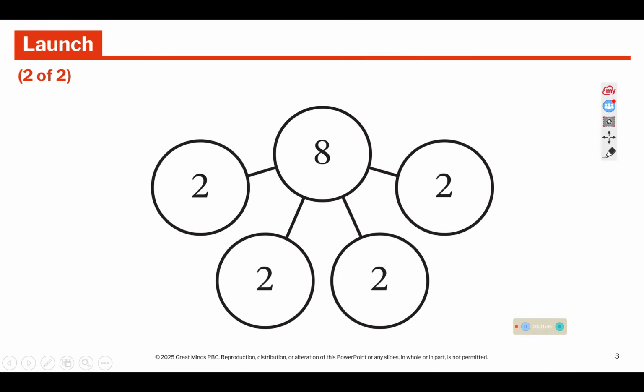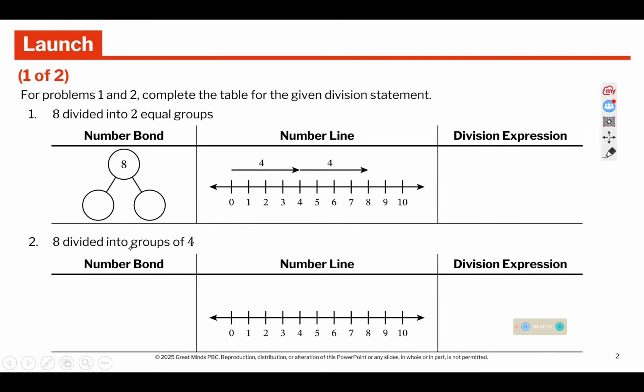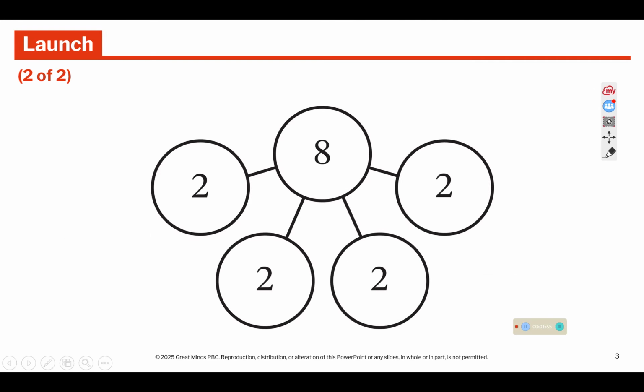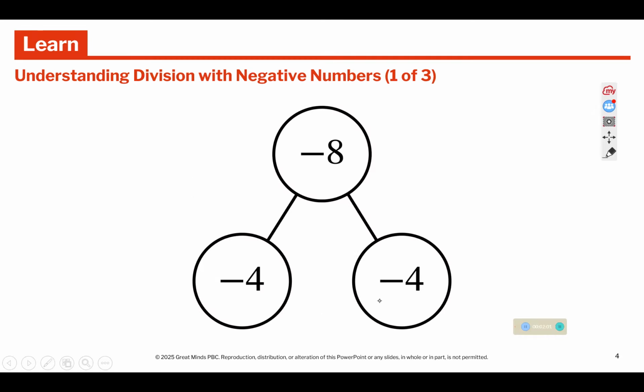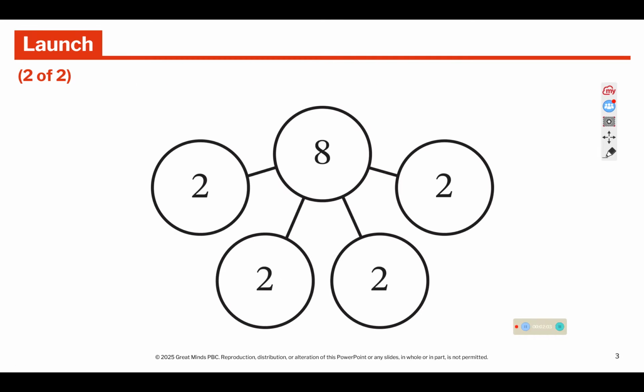You can see if it asked for 8 divided into 4 groups, then we would have 4 groups of 2. But it asks for groups of 4, not 4 groups. That's why we had 2 bonds here, and we would need 4 if it asked us to create 4 equal groups.